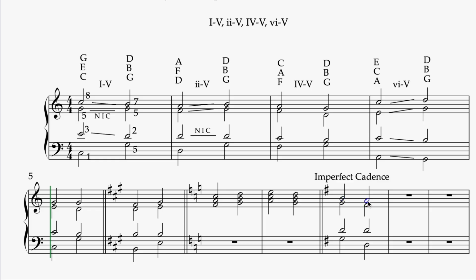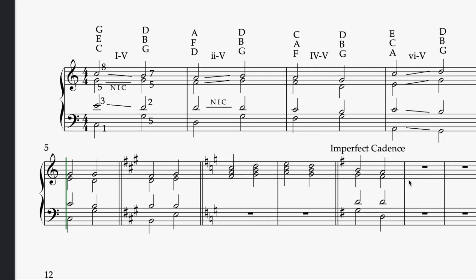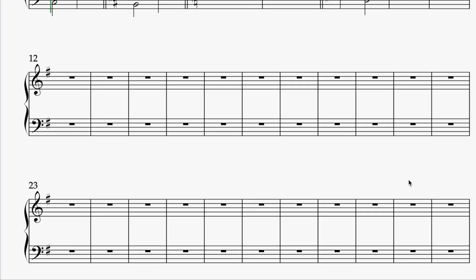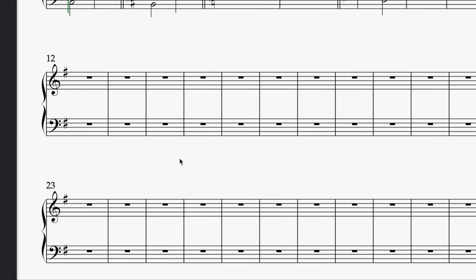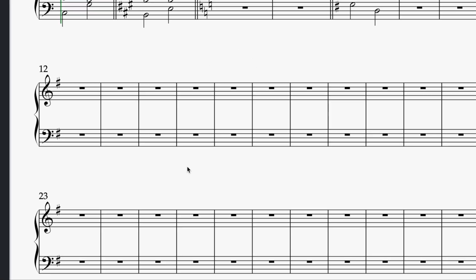All right. Now, I want to come down and complete one using 4-part harmony. All right. And now we're going to try and do it from a completely different point of view.